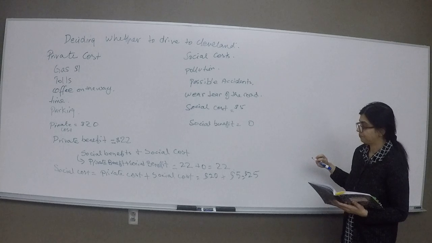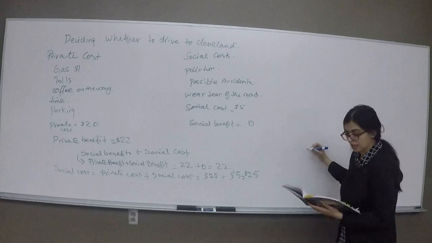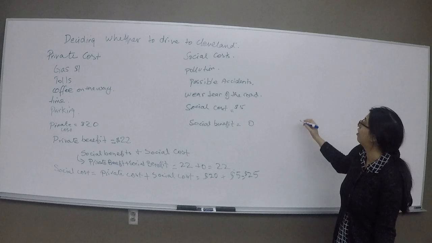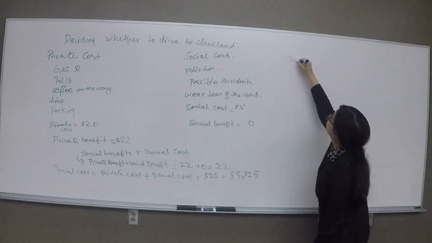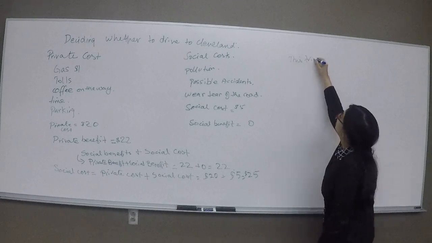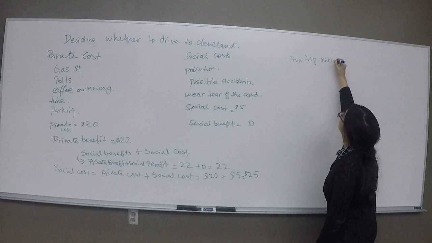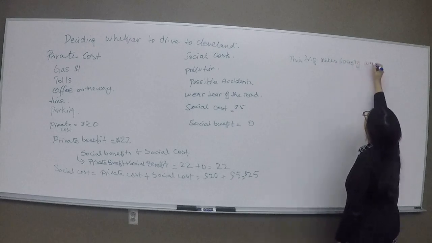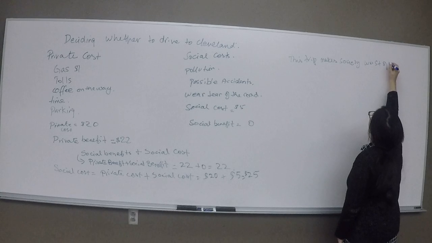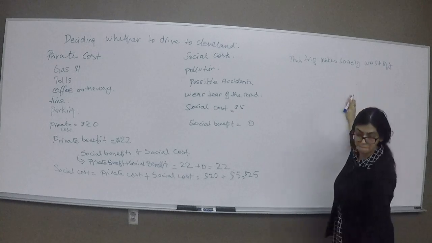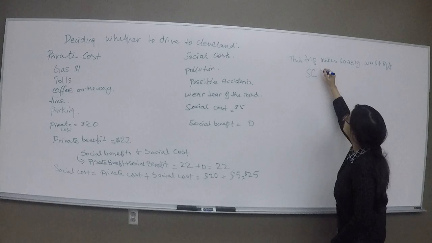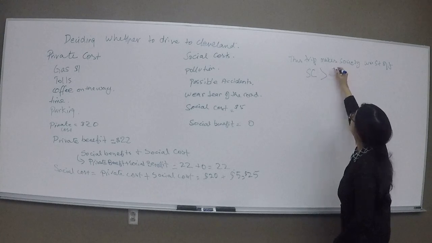So in this case, this trip makes society worse off. By how much? $3. Minus $3. Social cost is greater than social benefit, right?